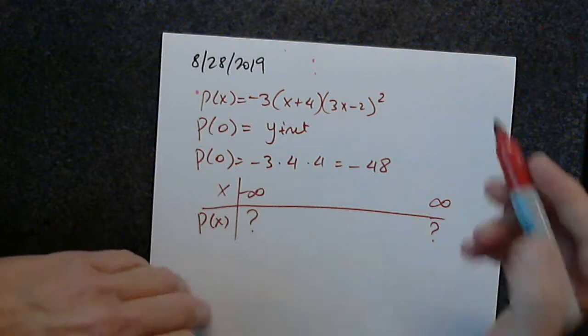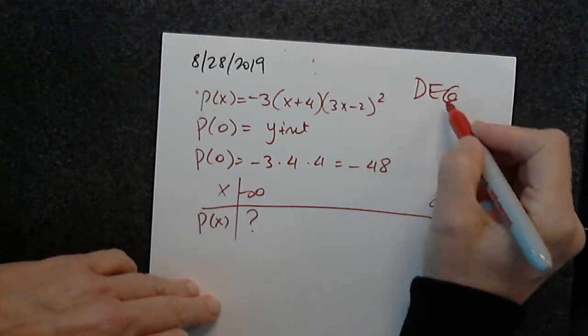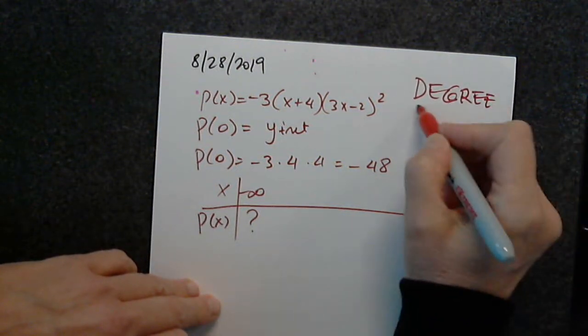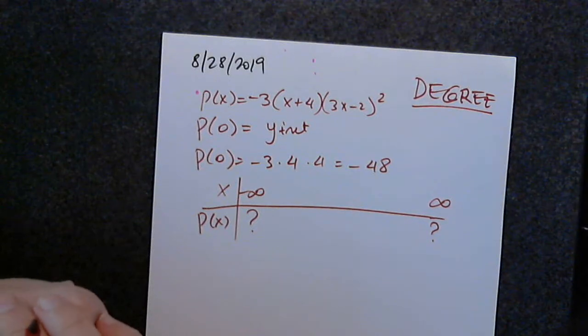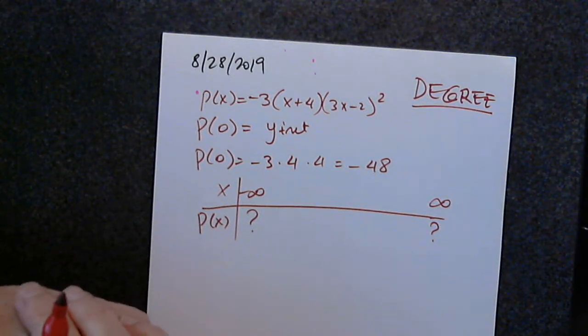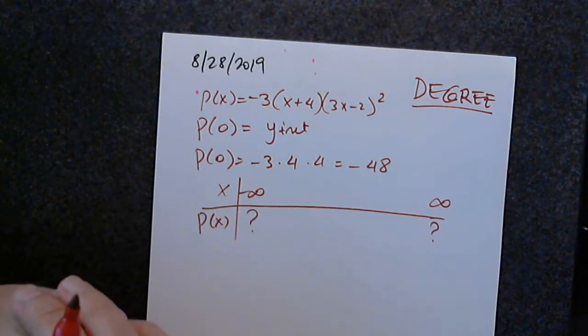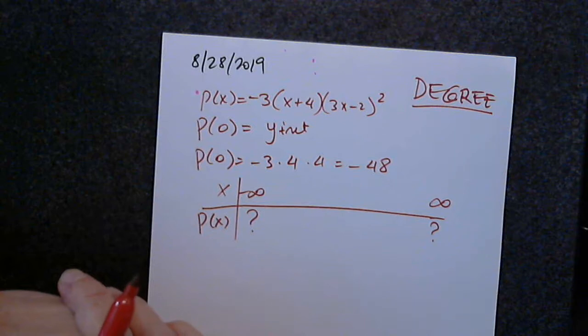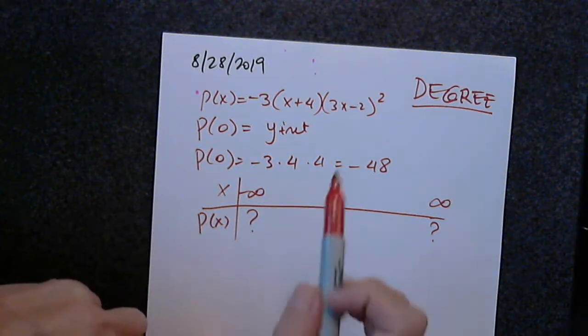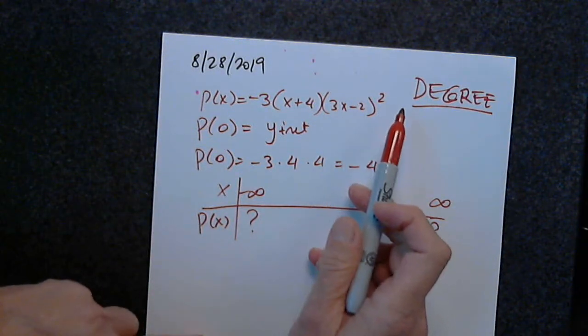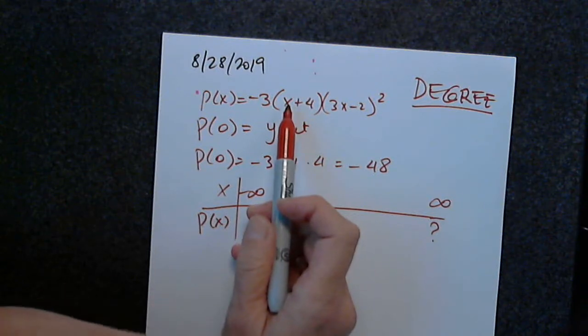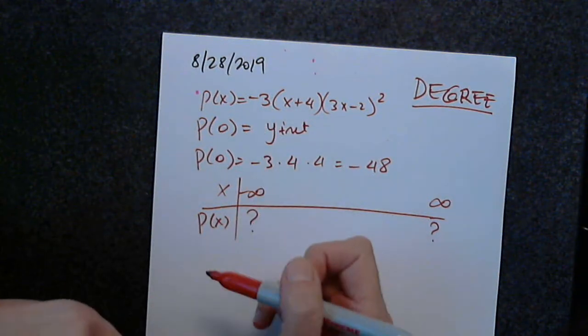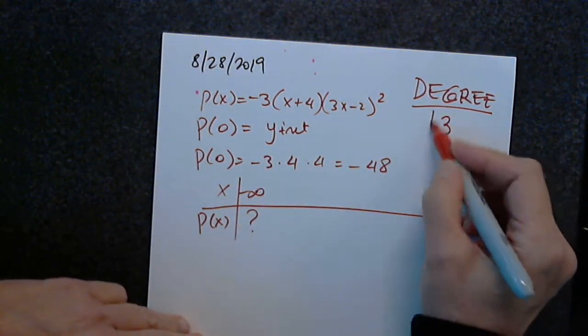Can anyone tell us the degree of this function? 3x minus 2 will be squared, but then I have to multiply by x, so the degree is 3.